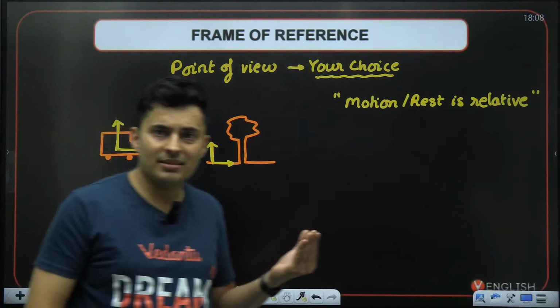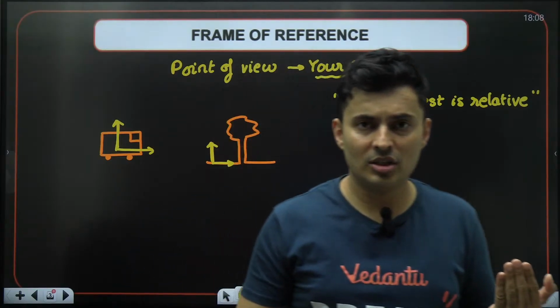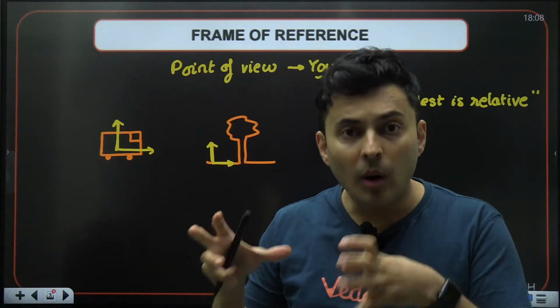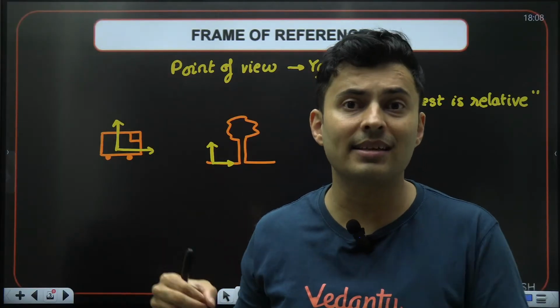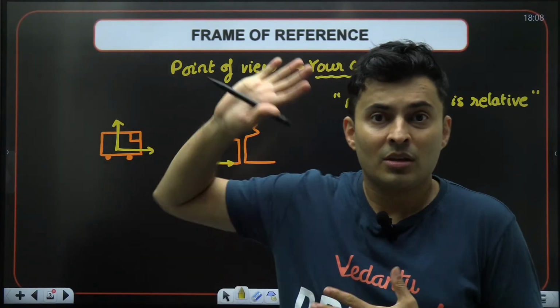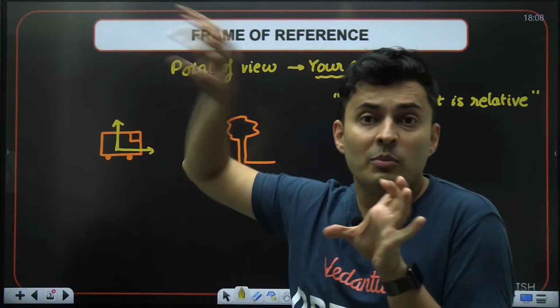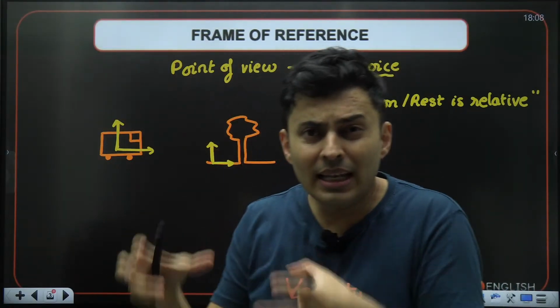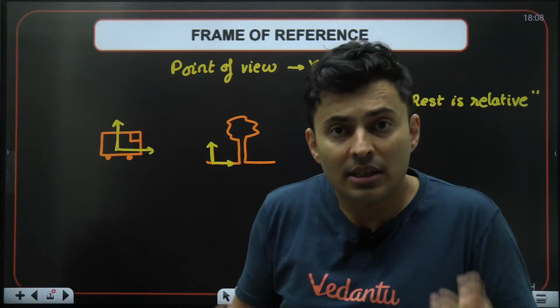For a moving bus, the tree might be moving, right? But for that same moving bus, an object or luggage, a suitcase inside the bus, is at rest. So for the moving bus, the tree is moving with respect to it, but a luggage which is kept inside the bus is at rest.